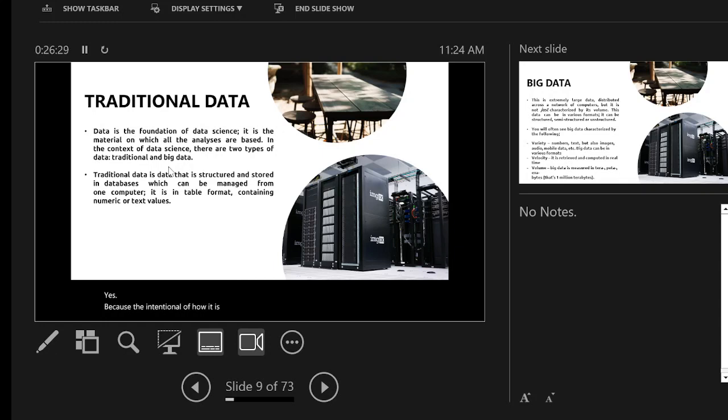That's what we mean by traditional data. So mostly, this traditional data is stored in relational databases. They are called relational databases.